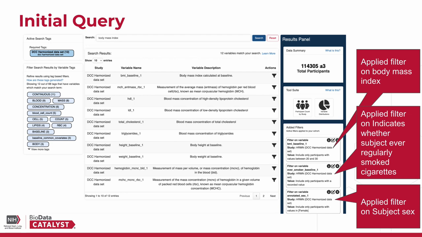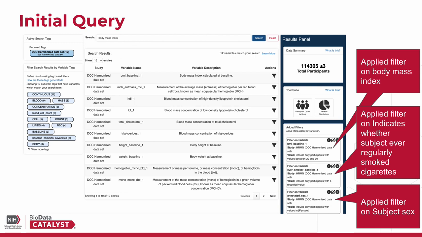We can see here that we have applied 3 filters to our query in Open PIC-SURE. We have used the DCC harmonized dataset, which we will discuss later in this video. The first filter we applied is on the variable for body mass index, filtered to participants with values between 20 and 50. The second filter applied was on the variable called indicates whether subject ever regularly smoked cigarettes.